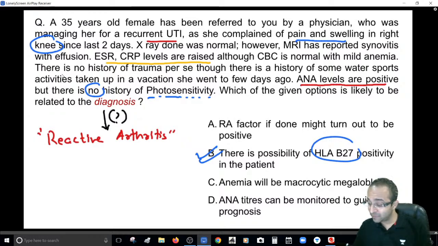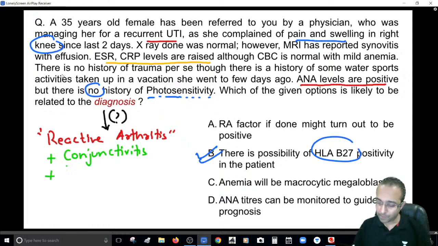Mind you, sometimes these people with reactive arthritis can also have conjunctivitis and urethritis. So in this lady, you already have reactive arthritis, you already have urethritis, only conjunctivitis is missing.